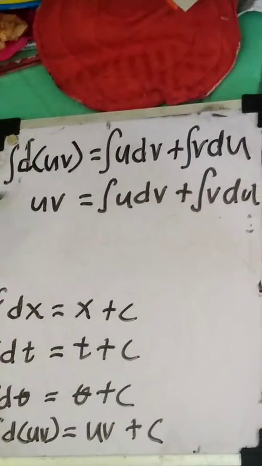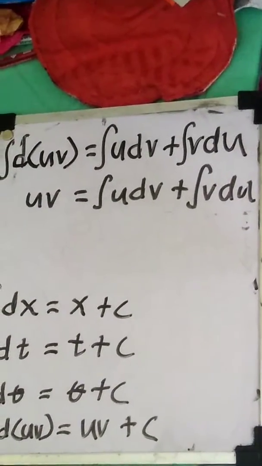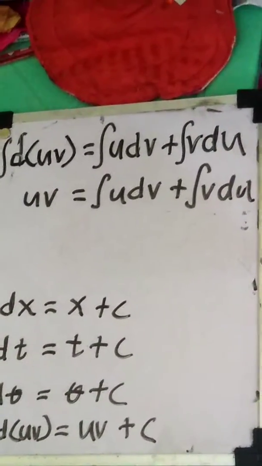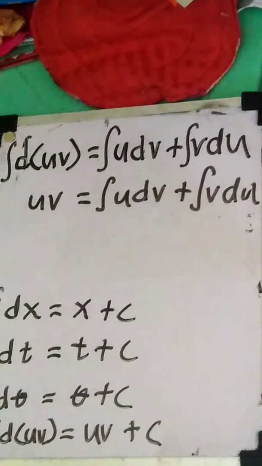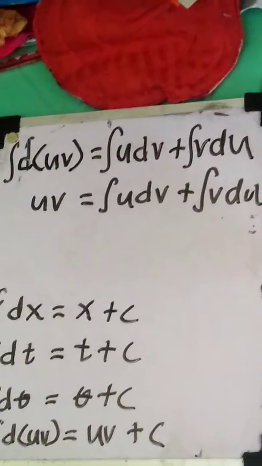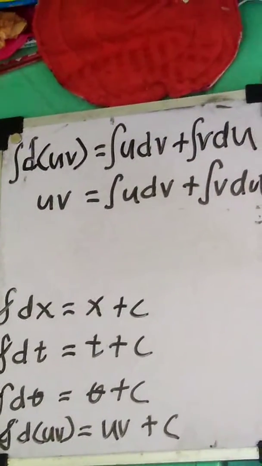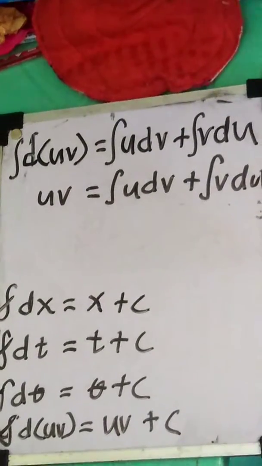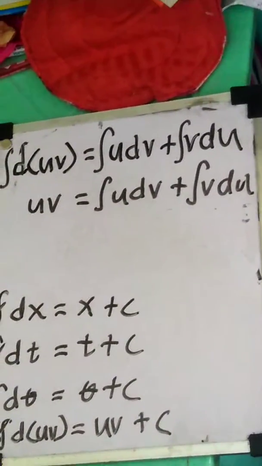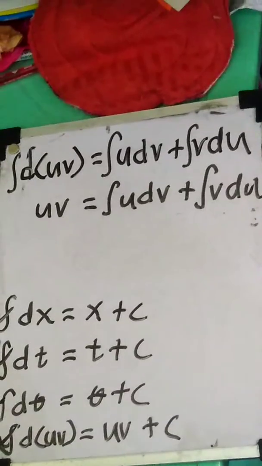Now, uv here is a combination of two different functions, and it is considered as one. So upon integration, the result is uv.